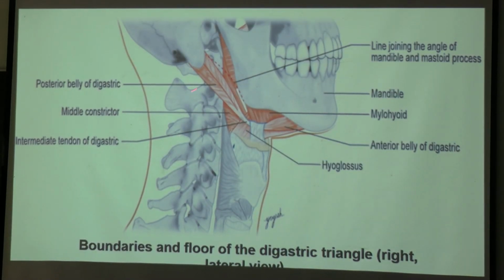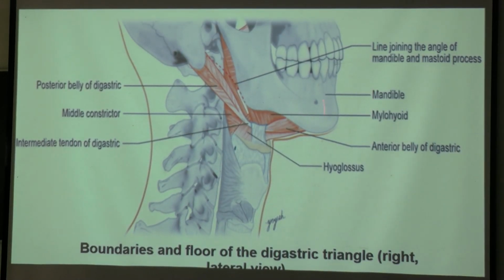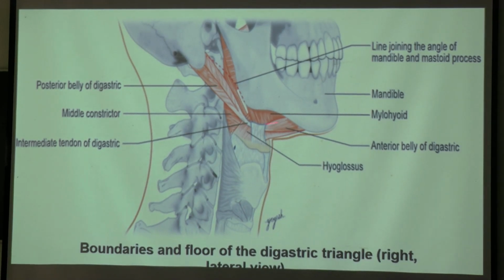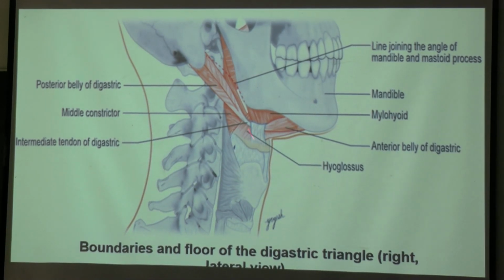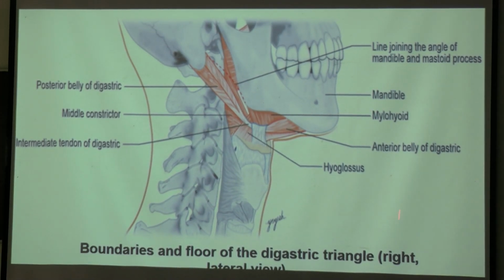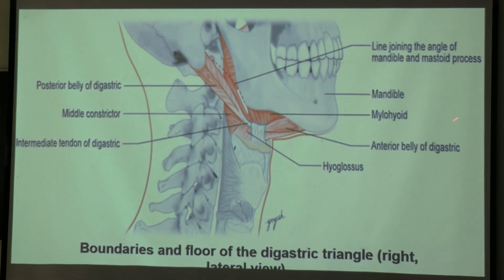See here, so this part is the digastric triangle. Anterior-inferiorly by anterior belly of digastric, posterior-inferiorly by posterior belly of digastric and stylohyoid. And base is formed by the base of the mandible and line joining the angle of the mandible and mastoid process of temporal bone.